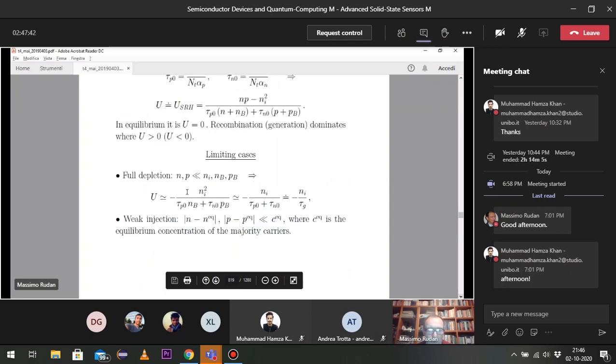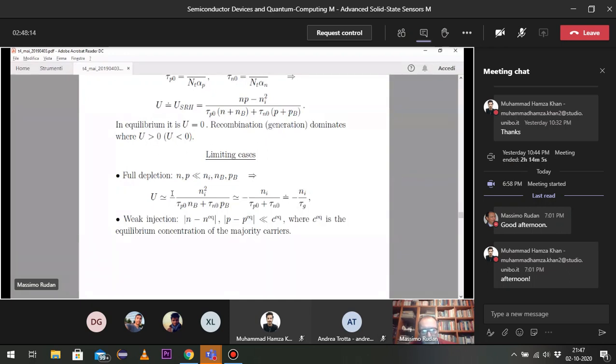There are no variables anymore in it, okay? So in full depletion, U is equal to minus Ni squared divided by tau P0 NB plus tau N0 PB, okay? The minus indicates that generations prevail over recombinations because we have a lack of carriers, okay?